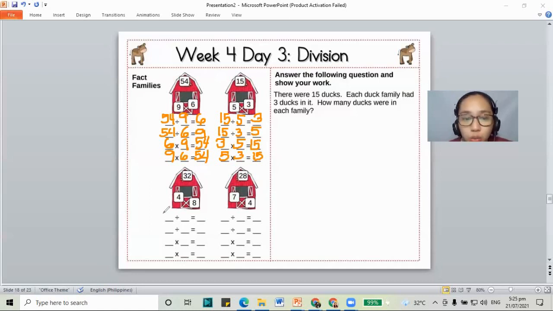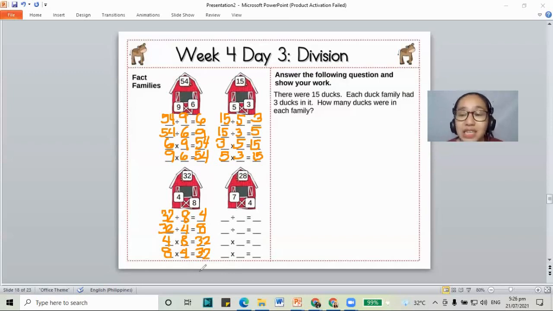We have 32. 32 divided by 8 is 4. 32 divided by 4 is 8. Let's multiply 4 times 8, that is 32. 8 times 4 is 32 also. Remember, in multiplication, if you change the position, it won't matter.